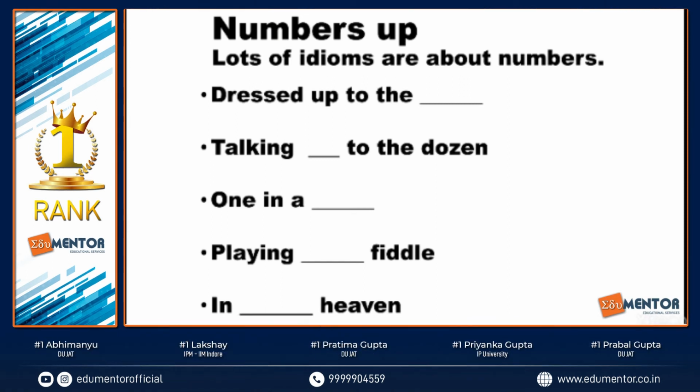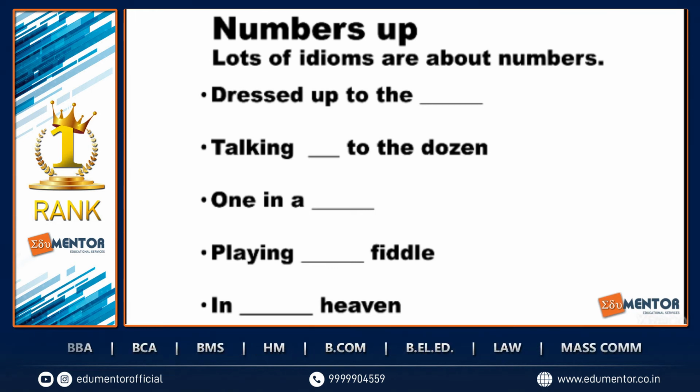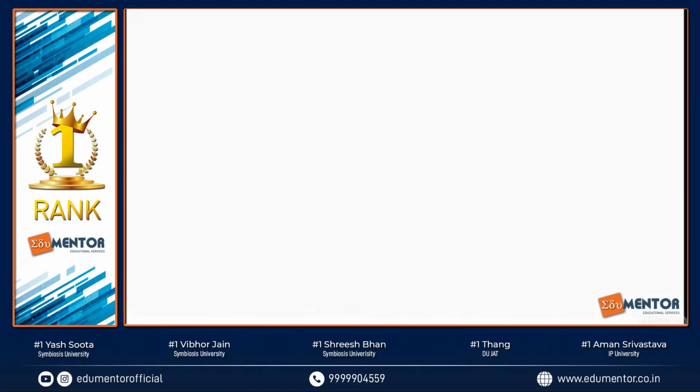Basically, it is an expression whereby it means one having a very sore throat. So the animal to be used over here is frog. So I've got a frog in my throat basically means I have a sore throat. I cannot talk properly.